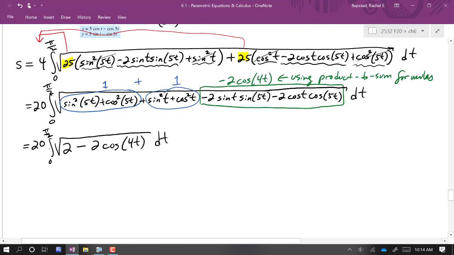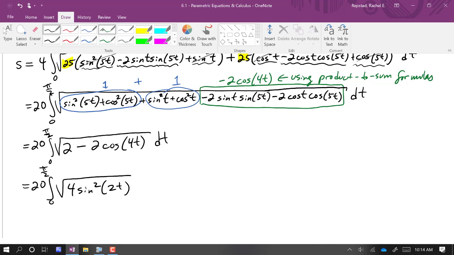Alright, now the next thing we're going to do is use another identity. You can use the double angle formula for cosine, and this becomes 4 sine squared of 2t.